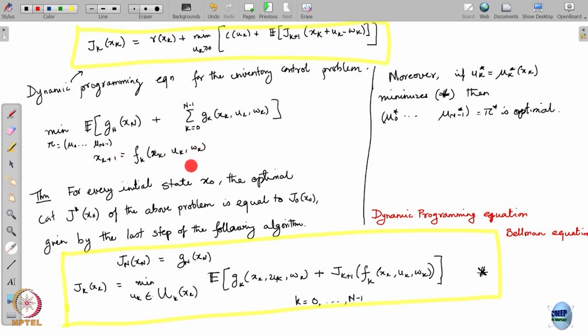It does not depend in more complicated ways on states before or states after. So, this structure of a separable cost function and this kind of interrelation between the current state and the next state is what allows us to make this work.